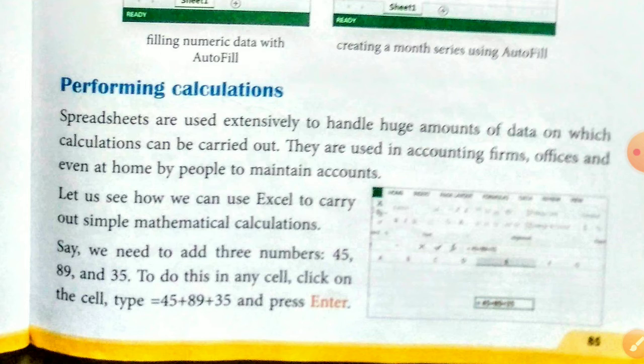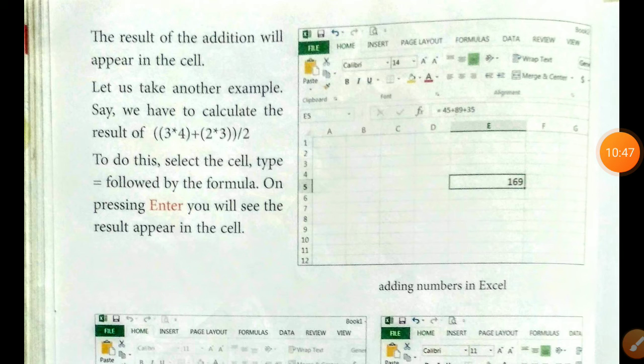Say we need to add three numbers 45, 89 and 35. To add these in any cell, click on the cell and type: first we write the equal sign, then 45 plus 89 plus 35, and press Enter. The result of the addition will appear in the cell.